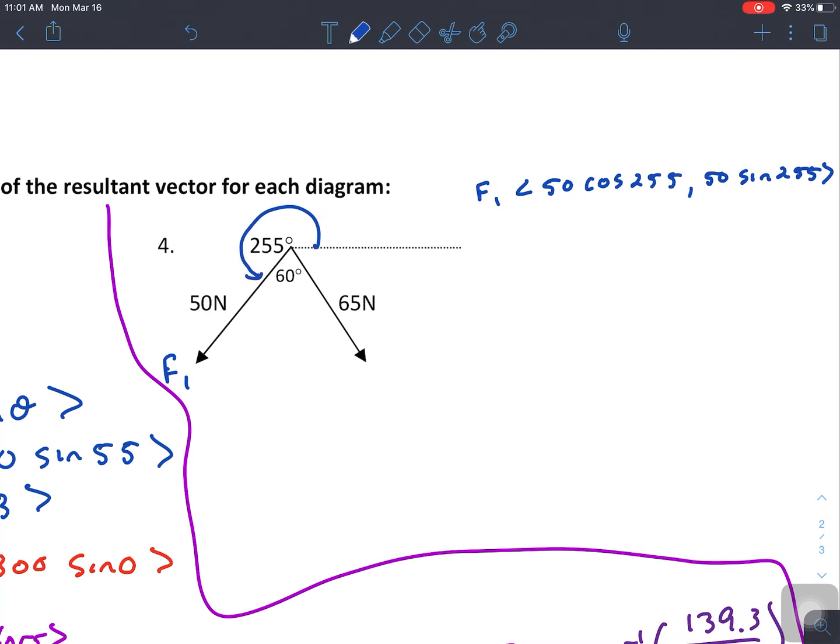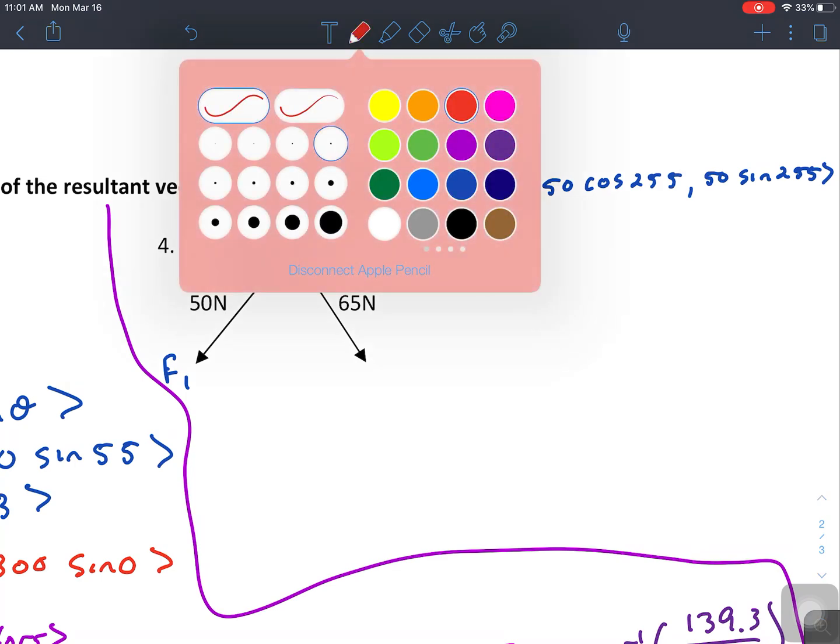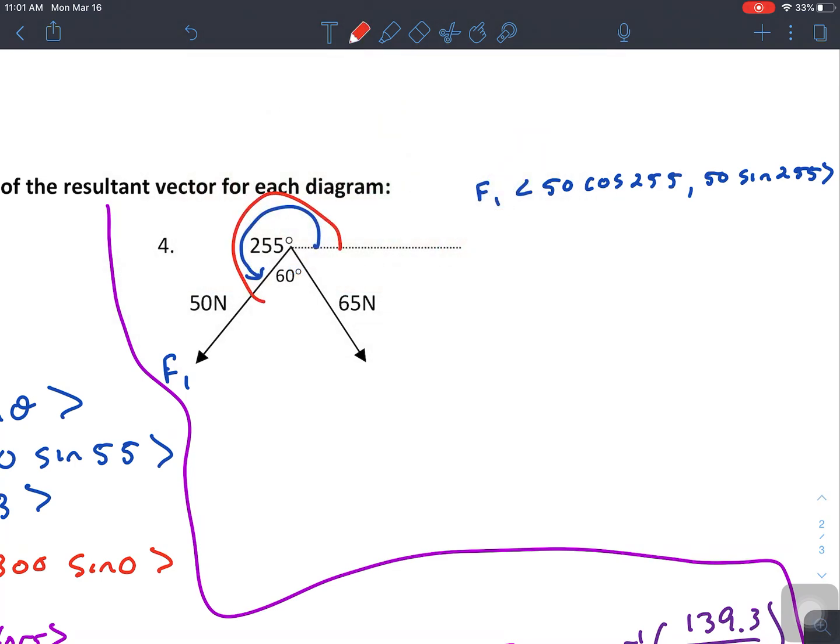So we're going from here to here, into force 1. Force 2 is going to go from here to here, over there. So we have to think about what that angle is. Force 2 for this, 65 newtons. But when I do the angle for this, I have to add the 255 and the 60 degrees, and that's going to give us 315 degrees.